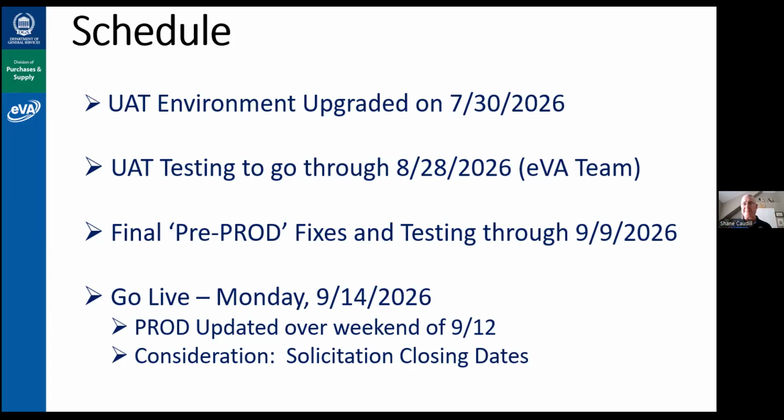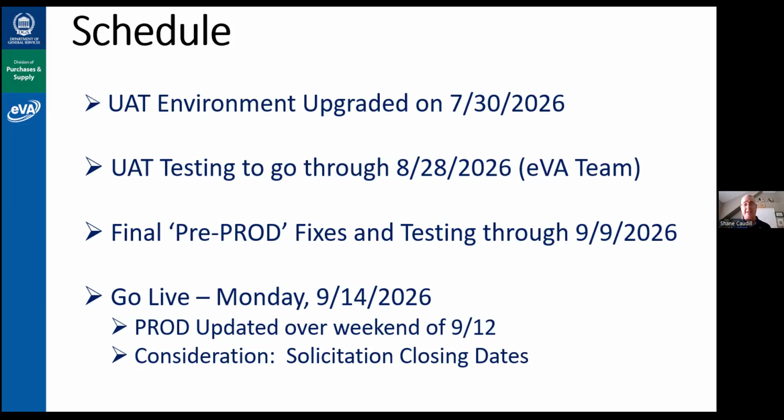Again, things are looking great at this point, and we're not expecting any problems. But you've got to prepare for the worst and hope for the best. Right now, we're feeling really good about things being fine, but certainly want you to be conscious of those dates. The other thing about the production weekend, we're not 100% sure when the environment is going to be taken down on Friday.